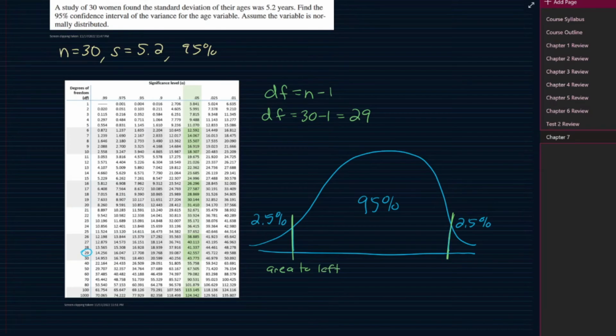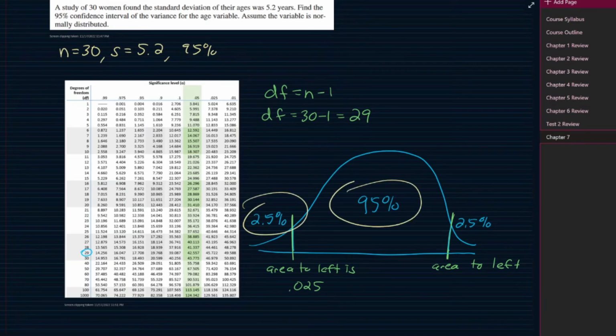The area to the left of the value on the right, it's got 95% and 2.5% to the left of it. You've got to add these together. That's 97.5%, and if we move the decimal two spots to the left, 0.975.